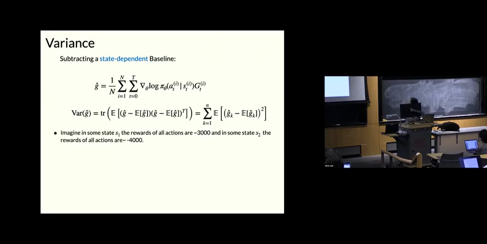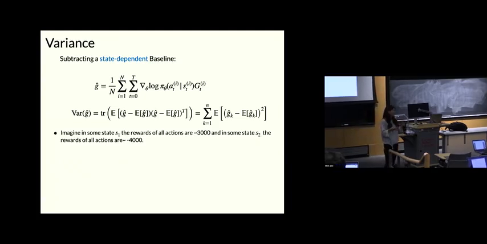Consider that there are two states, S1 and S2, in our state space. And consider that the rewards of all actions in state 1 are around 3,000, and the rewards of all actions in state 2 are minus 4,000. And why is this the case? Because unfortunately, some states are better than others, right? In some states, it's much better not to be than in other states.